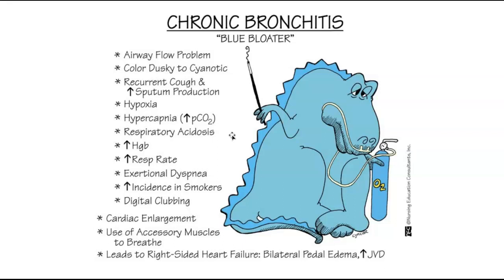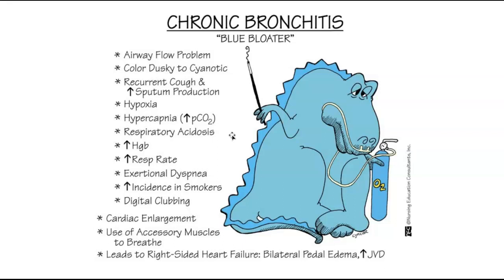And this leads to polycythemia, which refers to an increase in the number of red blood cells in the body. So you have high hemoglobin levels because of this increased production, but the amount of hemoglobin that comes in contact with oxygen is low because of the hypoxia, and therefore you have this cyanosis that develops. And so that's why you get this blue bloating.